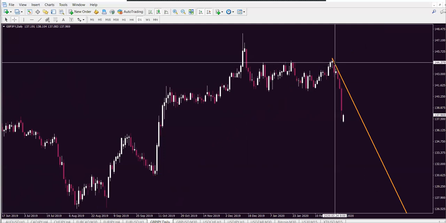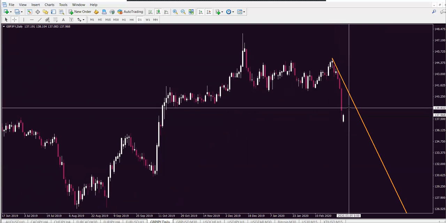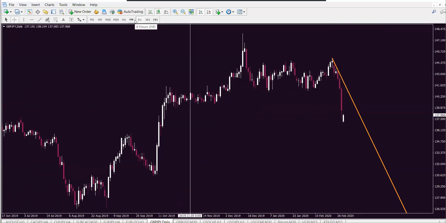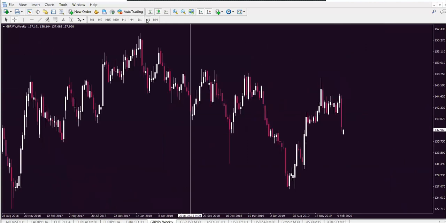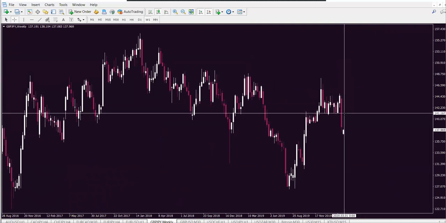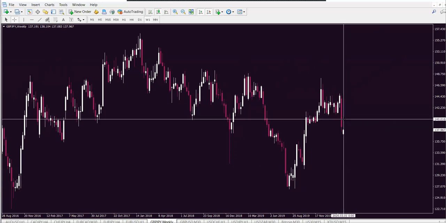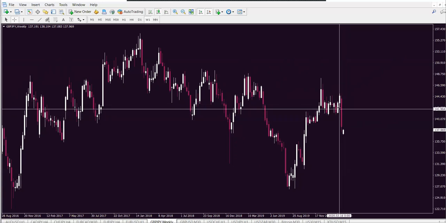So I'm focusing on this leg right here, and it's bearish. For me, I am bearish overall based on this candle. This is a very strong bearish engulfing candle, right?